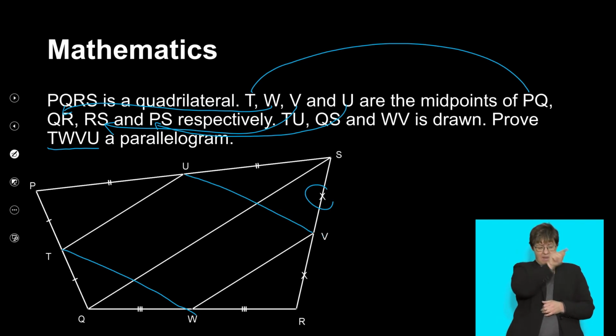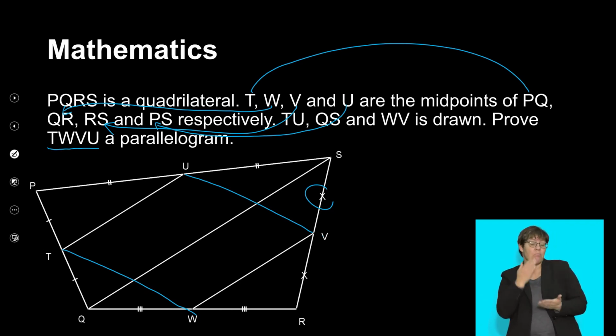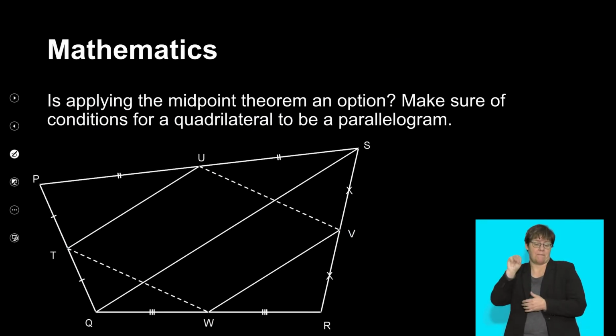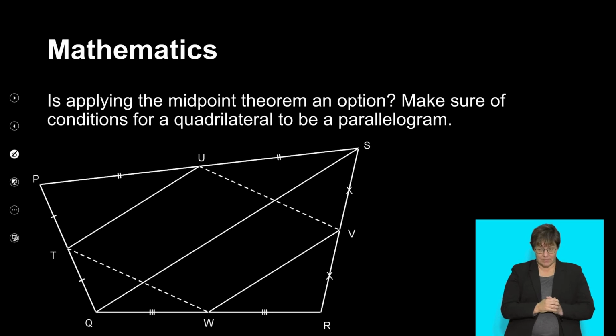So as a result, you can see it makes a quadrilateral, which we need to prove is a parallelogram. To show you an actual visual of this, it will look something like this with my dotted lines there.